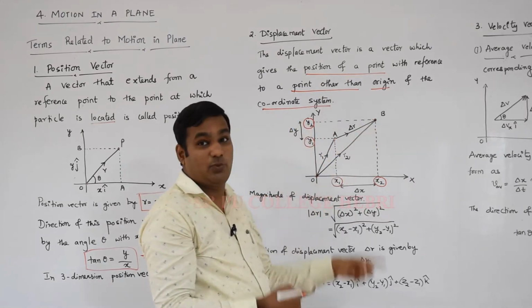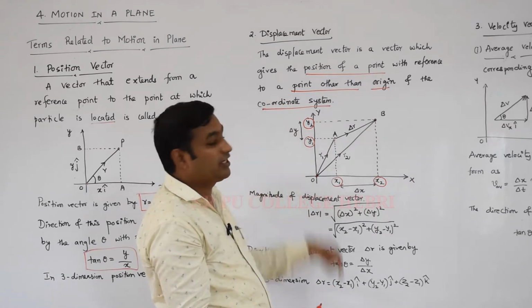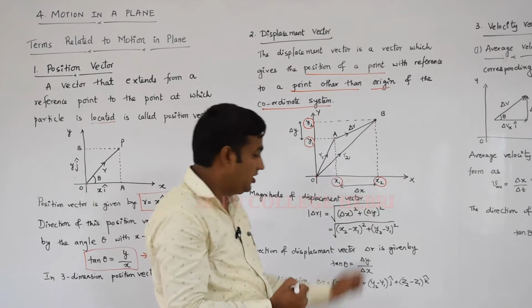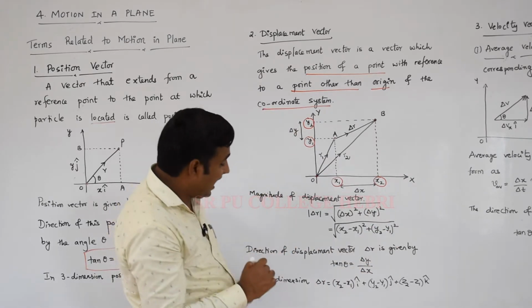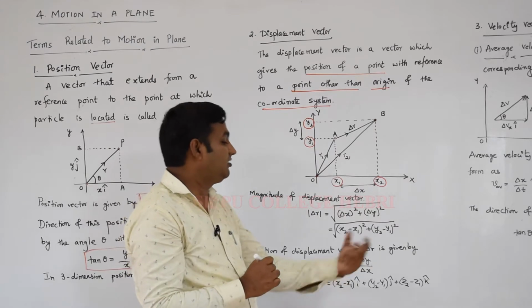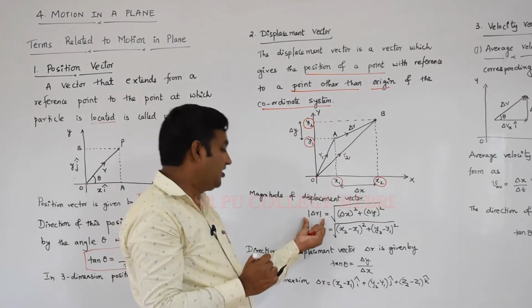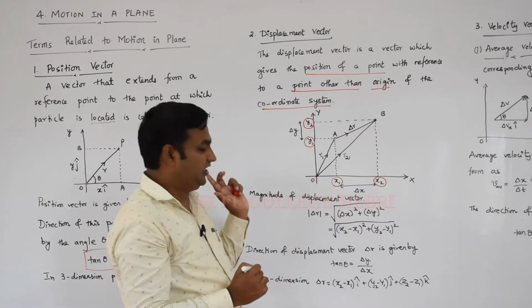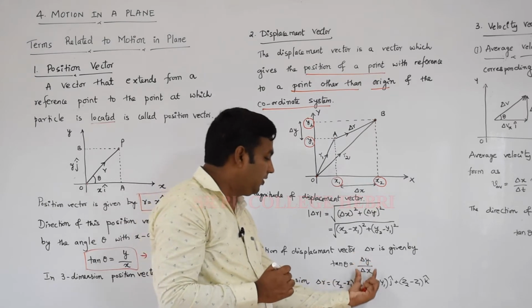That separation we call the displacement along the y-axis. It becomes y2 minus y1 whole square. And by using this, the direction of the displacement vector delta r is given by tan theta, tan theta is equal to delta y divided by delta x.